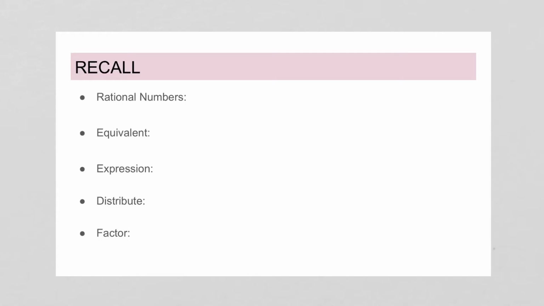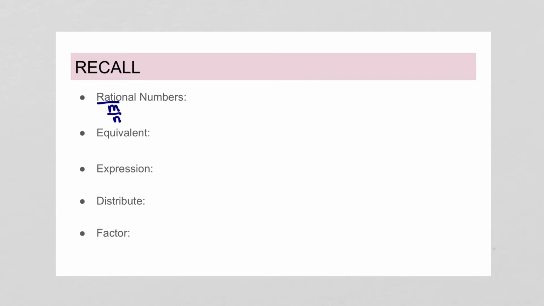Okay, to get us started, we're going to recall some terms that we already know, but I want to make sure that we're all using the same language so that we all understand what it is we're talking about. When we talk about a rational number, we remember that begins with the word ratio, right? So it's like a fraction, m over n.